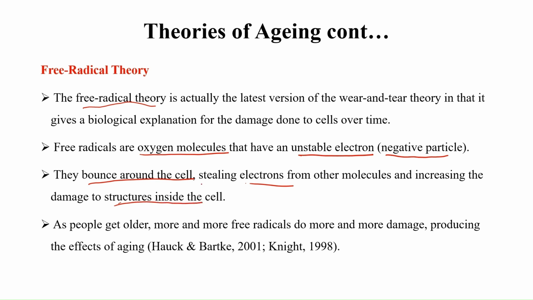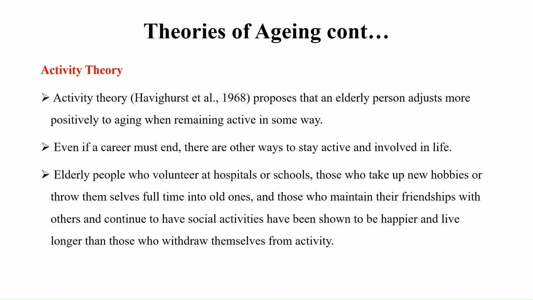Just imagine free radicals of oxygen molecules which are highly unstable, and keep bouncing inside the structure of the cell. This causes damage in the cells. This is the reason why aging is happening according to free radical theory. As people get older, more and more free radicals do more and more damage. So basically, when there is damage happening in the cell and days go by, people get older because of this damage happening again and again. That's what free radical theory talks about.